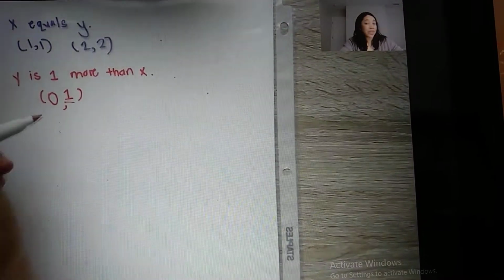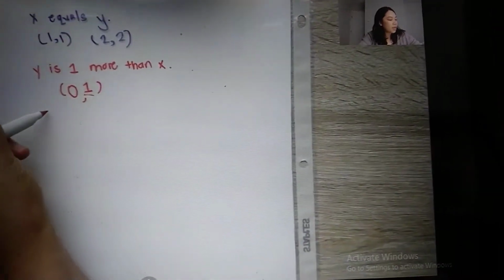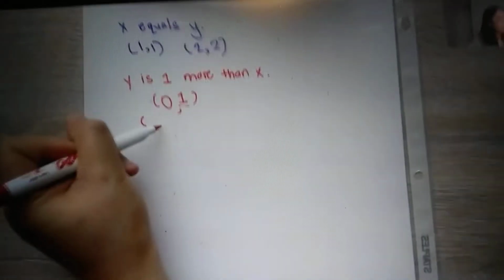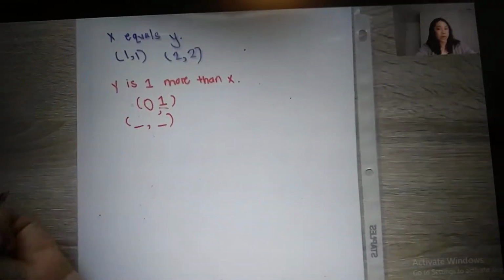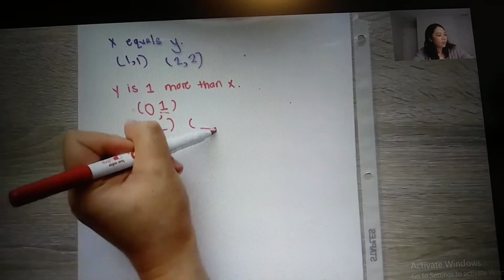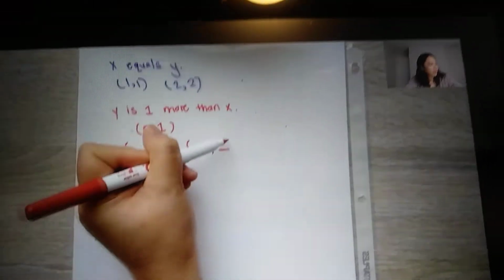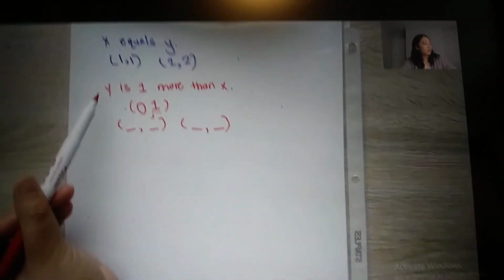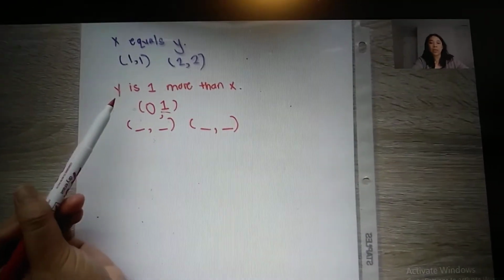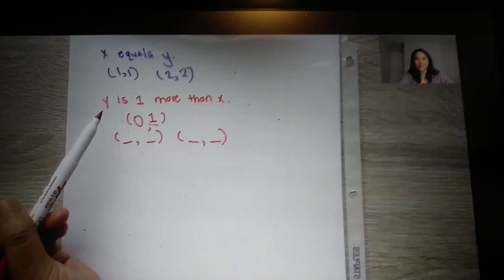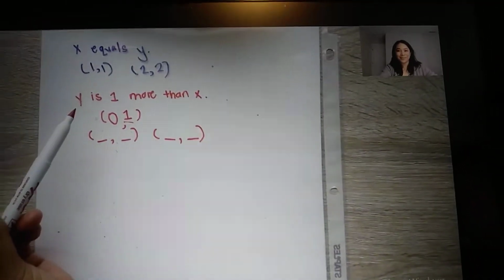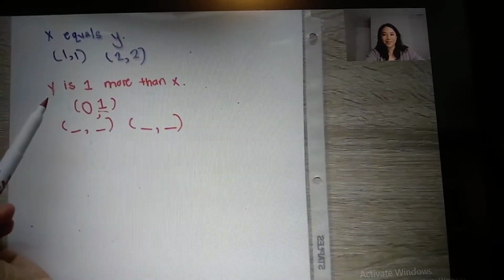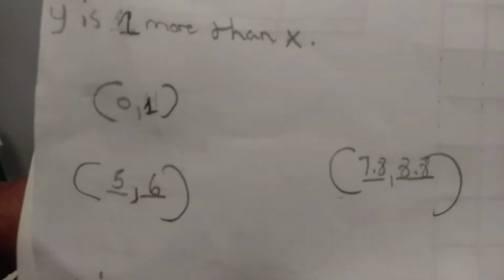On your own now, just like we did before, think of 2 other coordinate pairs that would fall on this same line that follows this rule of y is 1 more than x. So Unique did this part. Her coordinate pair was 5 and 6.